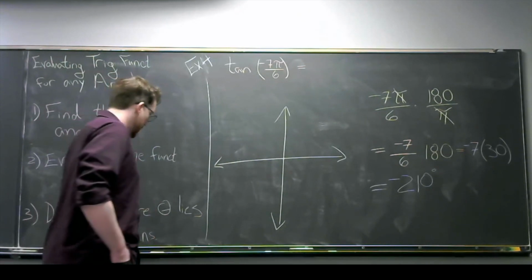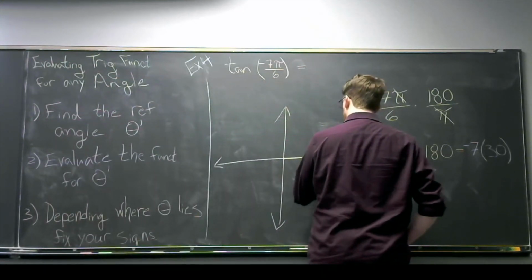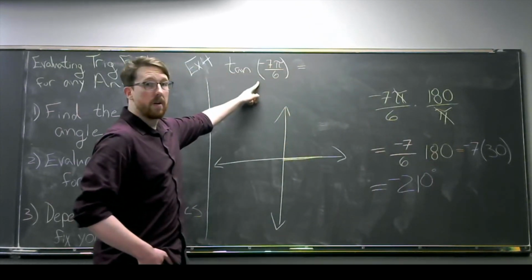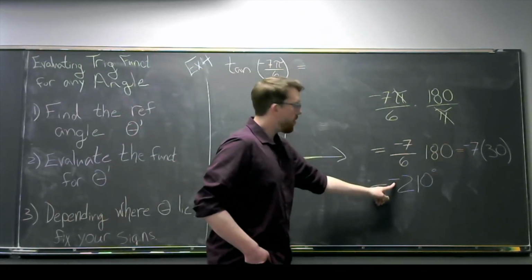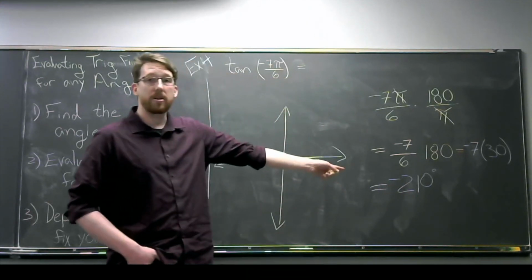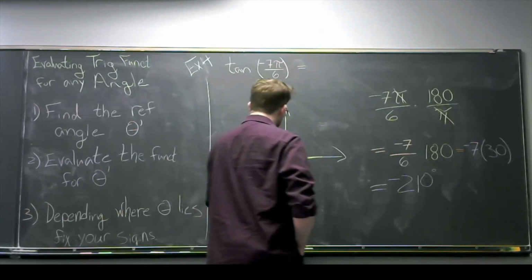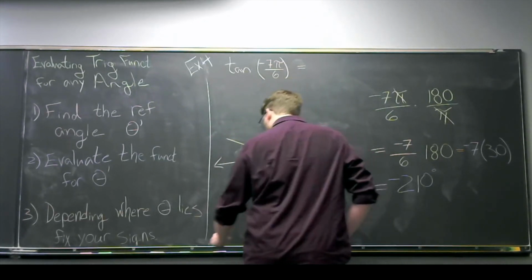All right, so we want to find the tangent of negative 7 pi over 6. We now know that that terminal end is going to land wherever negative 210 lands, right? Well, moving negative 210 degrees, we're going to be right about here.